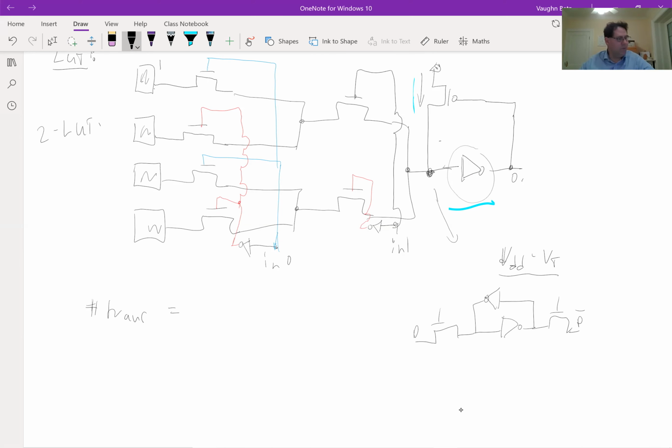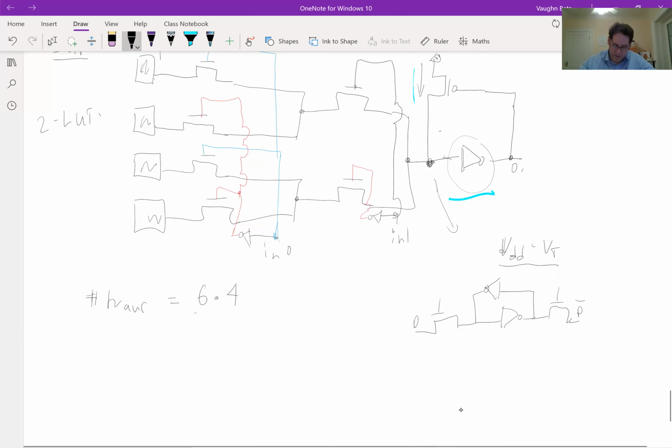That's a relatively simple, relatively safe SRAM cell. In theory, you might be able to do this with 5, but it's super risky. So for the number of transistors for an SRAM cell, we're going to use 6. So we've got 6 transistors per SRAM, and there are 4 SRAM cells in this lookup table. So that's my SRAM.